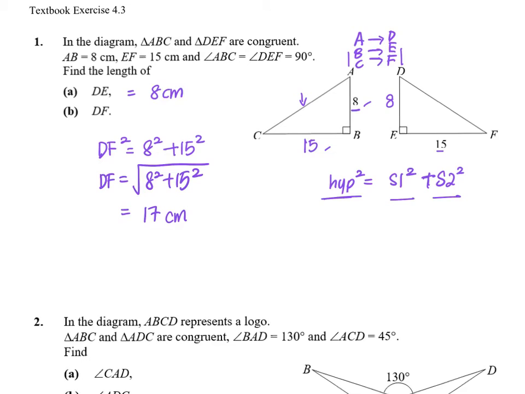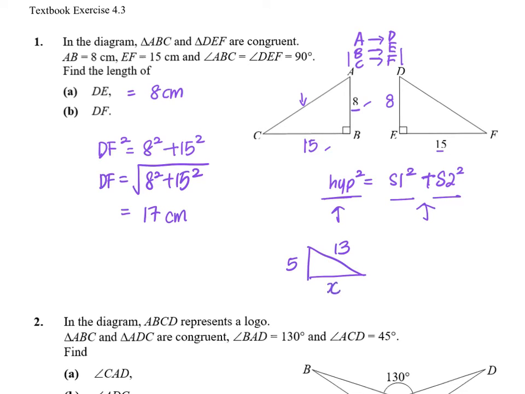Now just to check, if I'm finding the longer side, hypotenuse, I will add the two sides together. If I'm finding the shorter side, you take the long one square minus the short one square. Let's say for example, this is 13, this is 5.